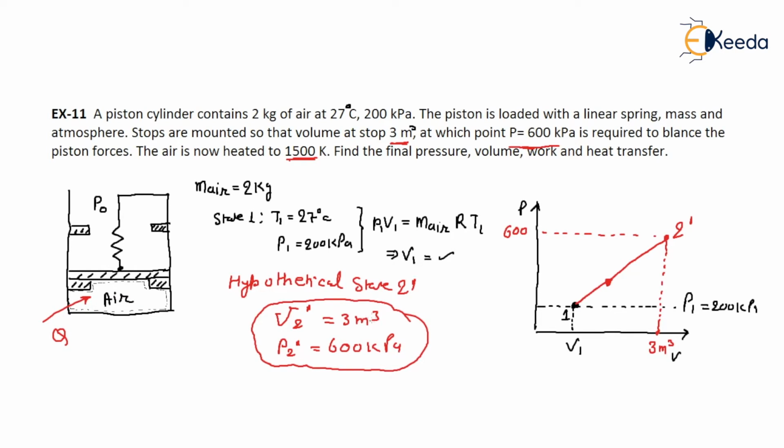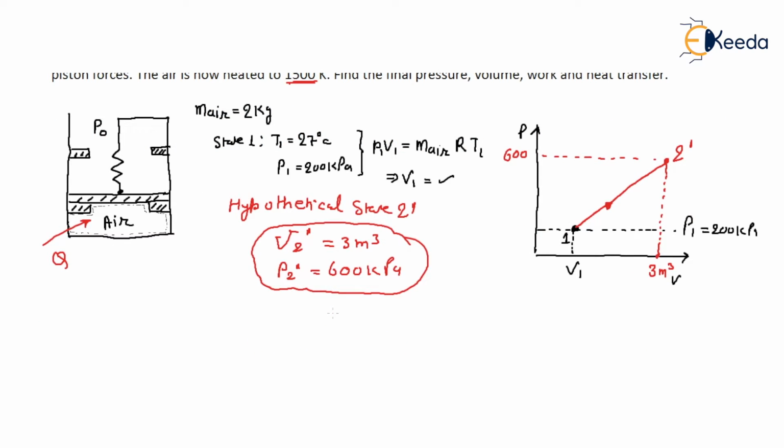Why is this hypothetical point given? Because we are drawing a straight line, so we require 2 points. One point is given, this is a real point, and this is a hypothetical point at which the piston is at the upper stop, and the pressure is this one. But if heat is supplied to a temperature of 1500 Kelvin, we are not sure that this is your final state.